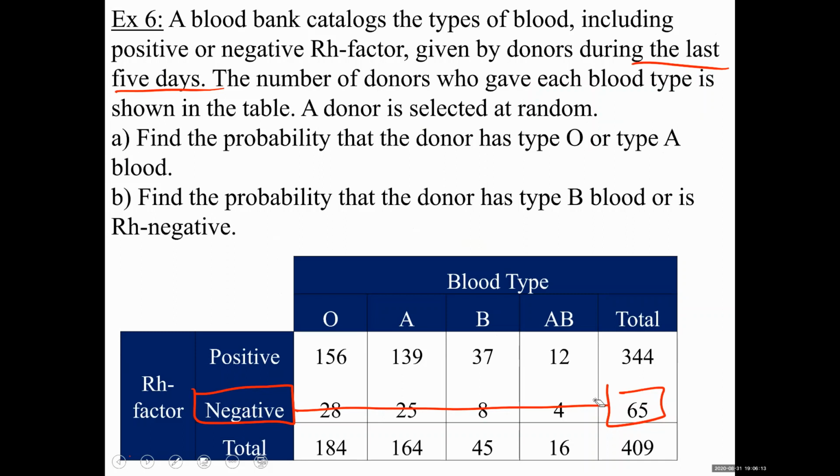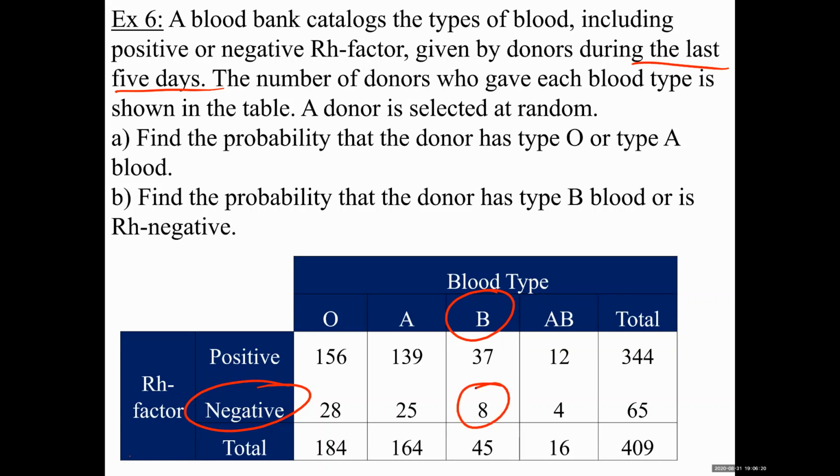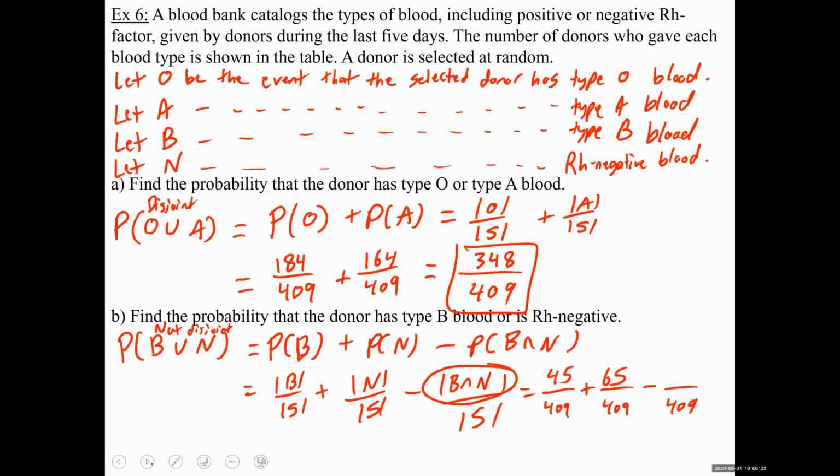How many people are type B and also RH negative? 8. Okay, 8. And then you add and subtract those, and it looks like 102 divided by 409. That's how that problem goes. Any questions on that?